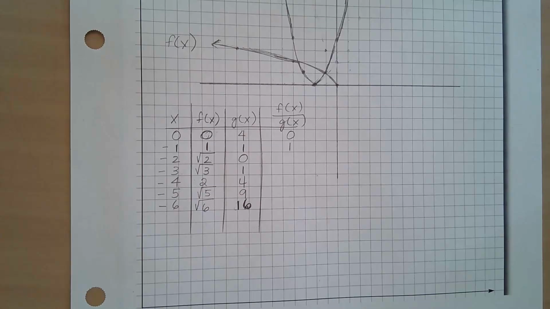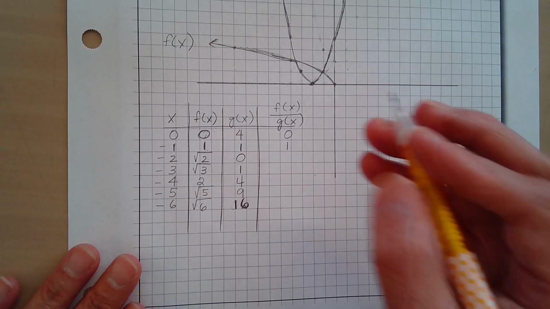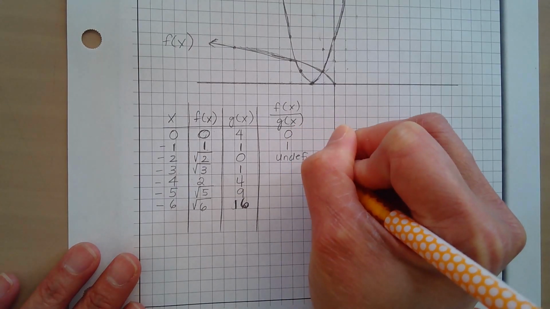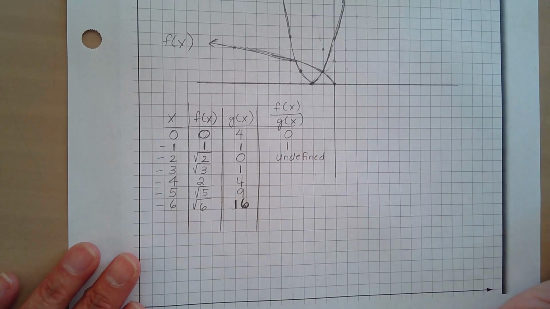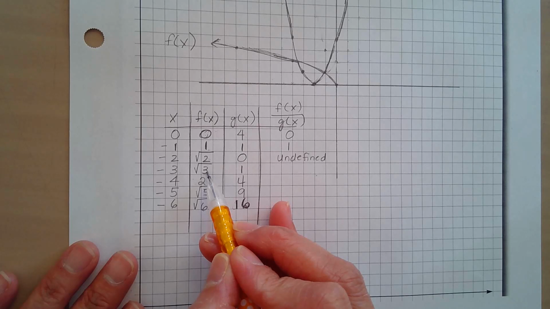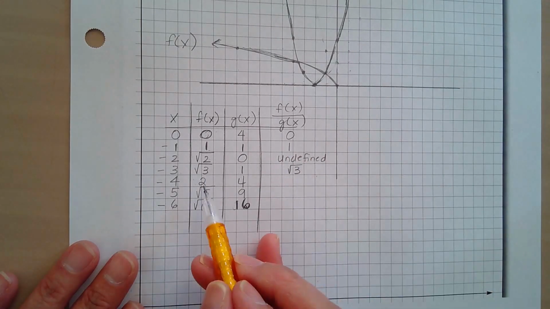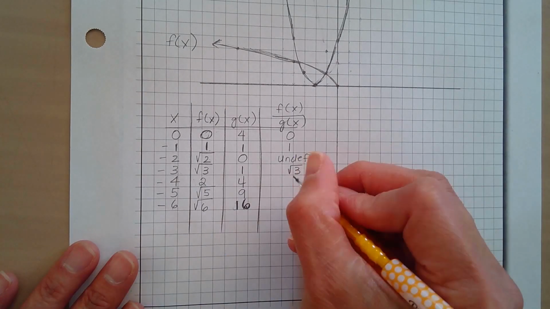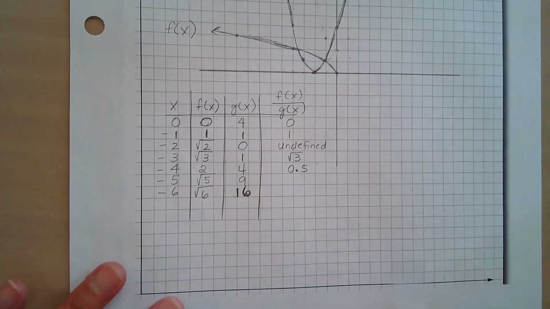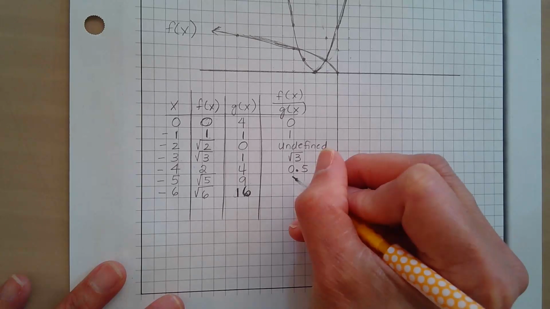Now for this one here, square root of 2 divided by 0, this one would be undefined, because we can't divide by 0. And then square root of 3 divided by 1 is square root of 3. 2 divided by 4 is a half, so I'll just put 0.5. Square root of 5 divided by 9.